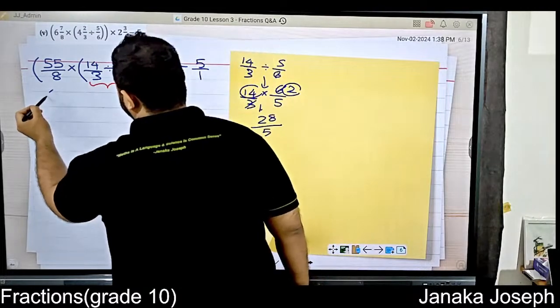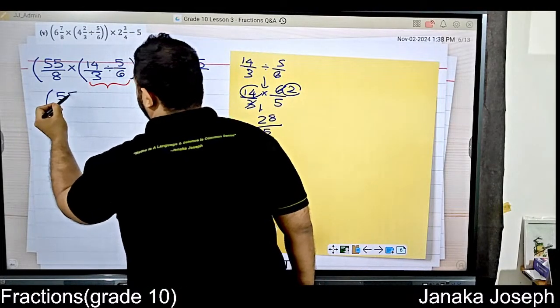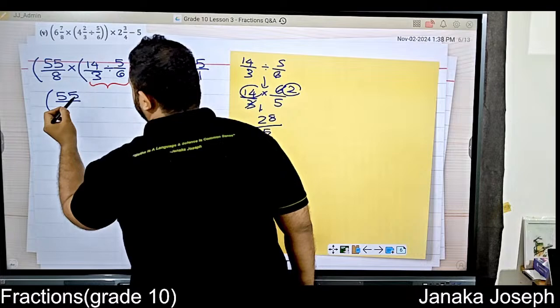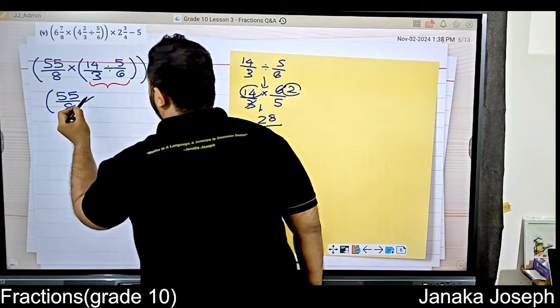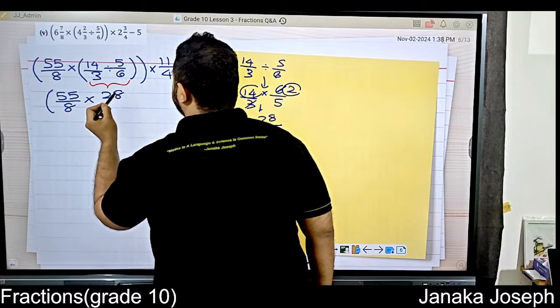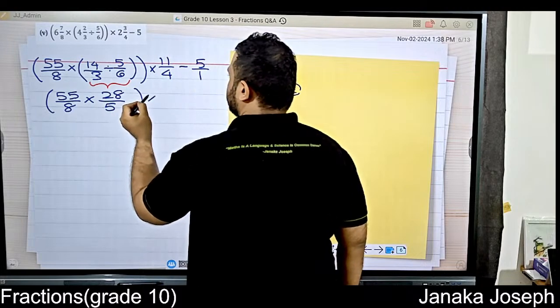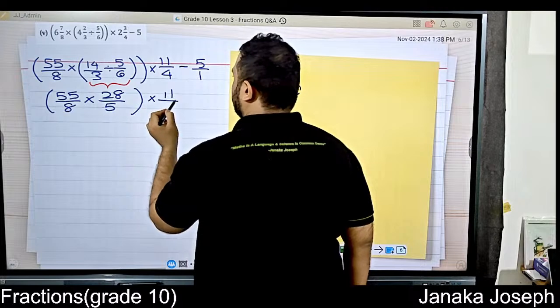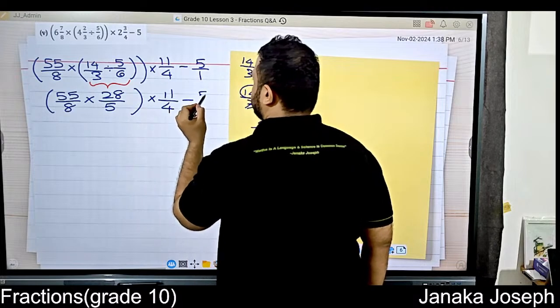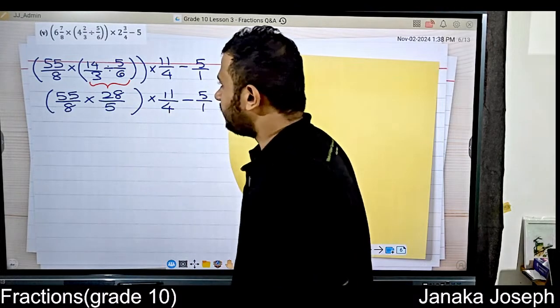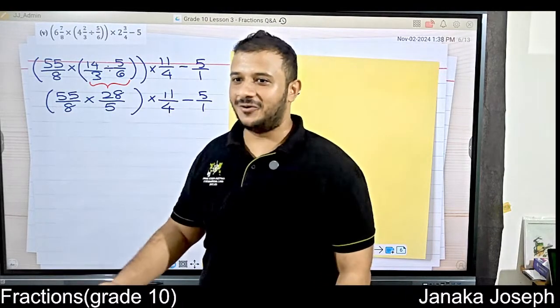So let's start. I can write the question: 55 out of 8 multiplied by 28 out of 5, multiplied by 11 out of 4 minus 5 out of 1. Now again here, how do we do it?